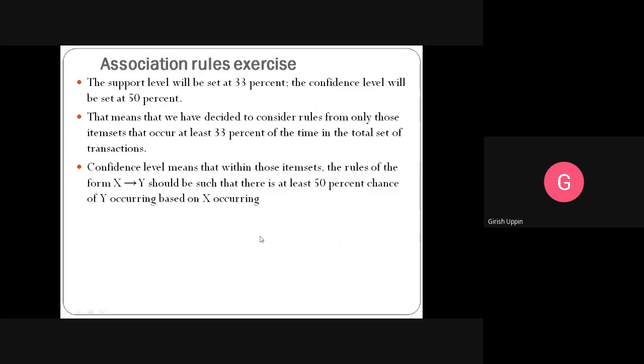The confidence level means that within those item sets, the rules of the form X implies Y, this is the kind of rule, that is milk implies bread, should be such that there is at least 50% chance of Y occurring based on X occurring.